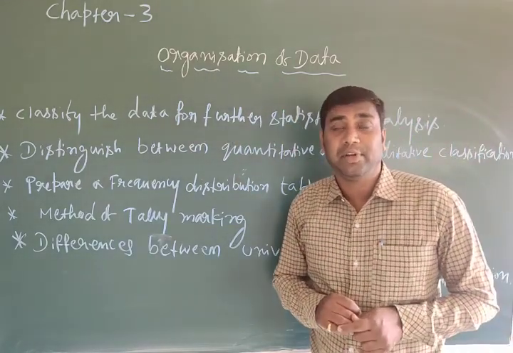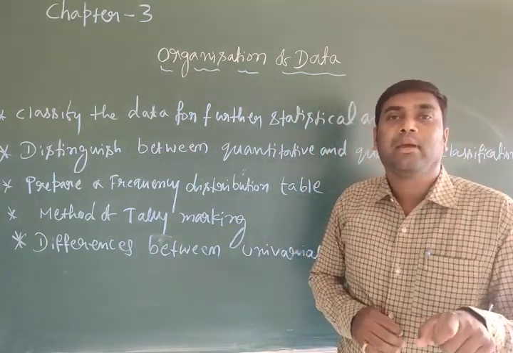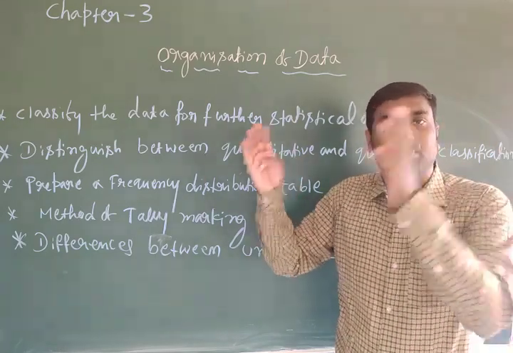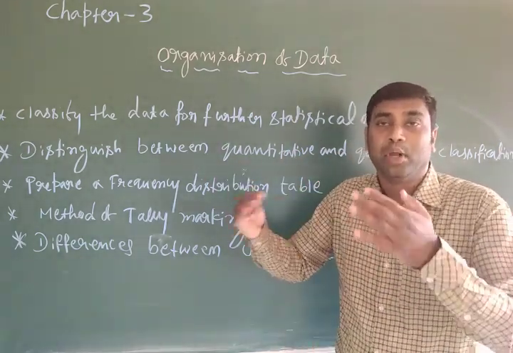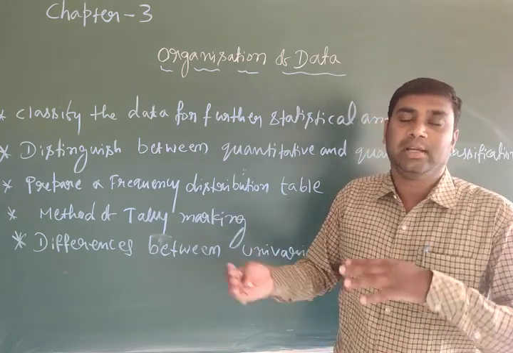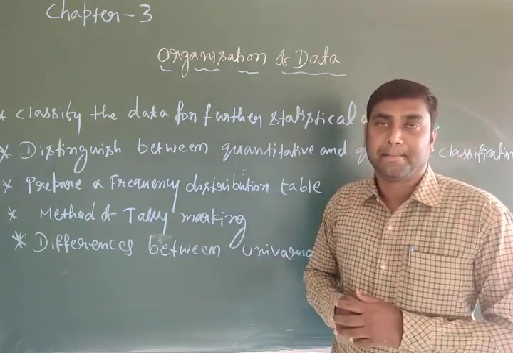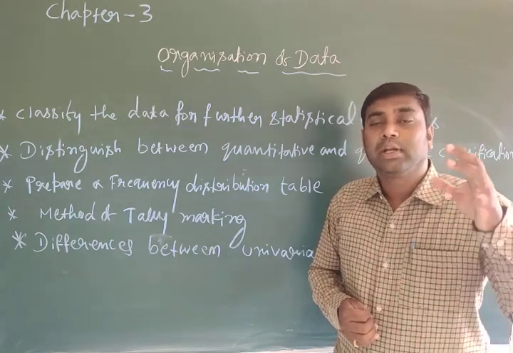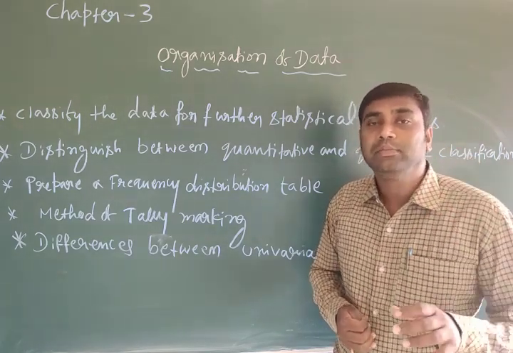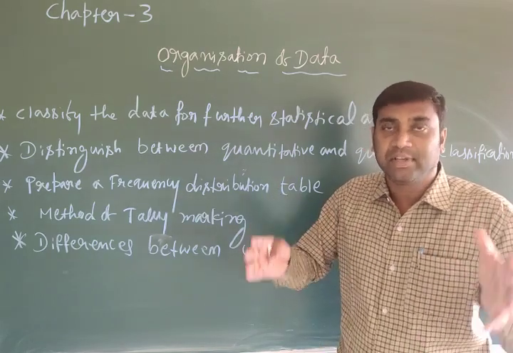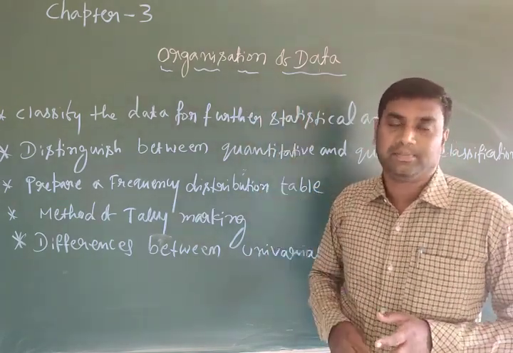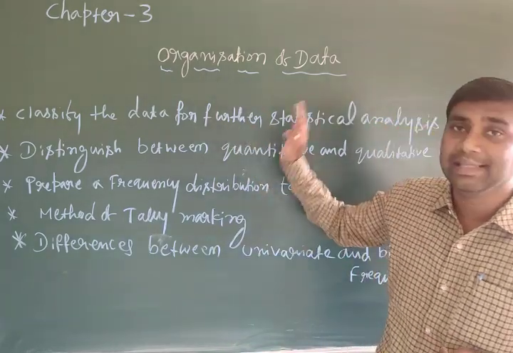Organization of data is nothing but, after collecting the information, arranging it properly, step by step, one by one, either ascending or descending. To understand any topic, to get the solution for any problem, we have to arrange the data properly first. That is what we have to discuss in this chapter.